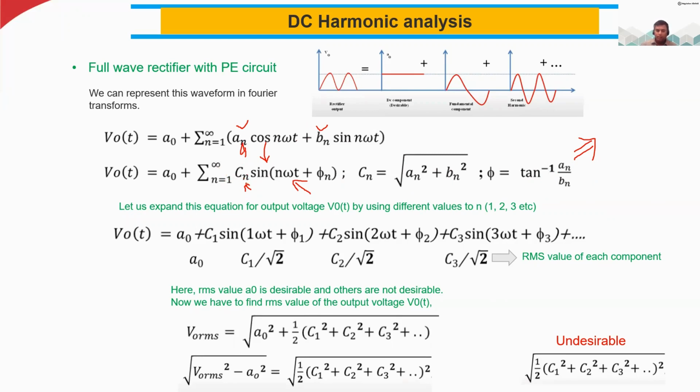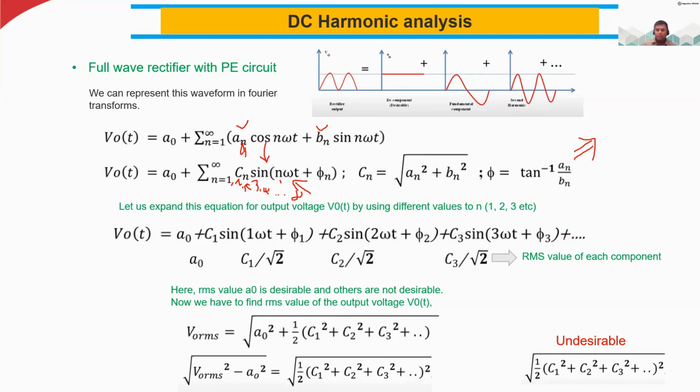First I apply 1, then I get A naught plus C1 sin 1 omega t plus phi 1 plus, what is the next value? Because n is equal to 1, 2, 3, 4 and so on up to infinity. Now I apply 2, and it becomes C2 sin 2 omega t plus phi 2, C3 times sin 3 omega t plus phi 3, and so on.